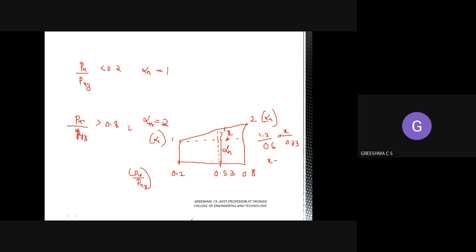So you will get x as 0.66, which means the alpha n value will be 1.86. Are you getting this? By interpolation, find out the value.